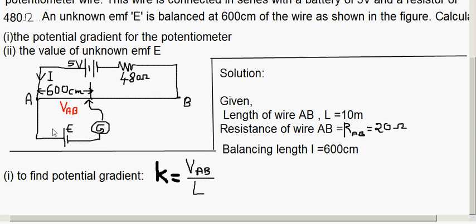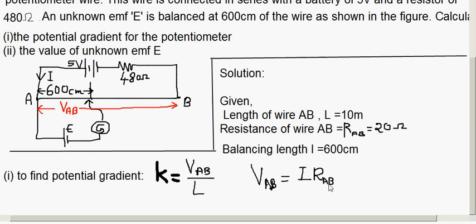Now VAB is the voltage across AB, you can consider it as without E, the whole voltage across AB. Now VAB by L. Therefore, if I assume I as the current, I can write VAB is equal to I into RAB, current into resistance.